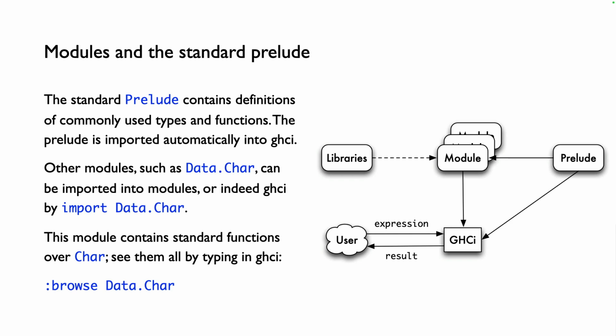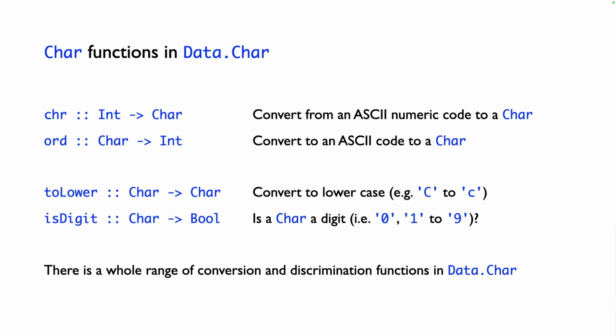But let me just run through a few of them, the crucial examples in my view. So first of all, there are functions chr and ord, which convert from an Int, a fixed size integer, to a character, and from a character to an integer. And what those things do is that they turn the ASCII code, American Standard Code for Information Interchange, numeric code into a character, or turn a character into its standard code.